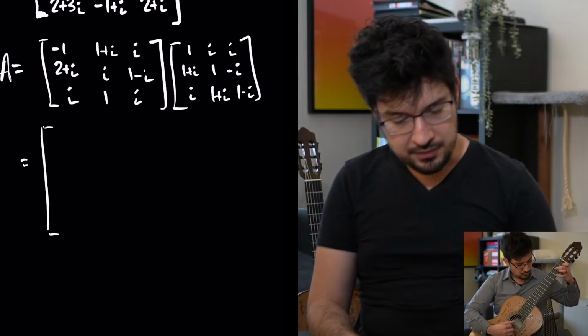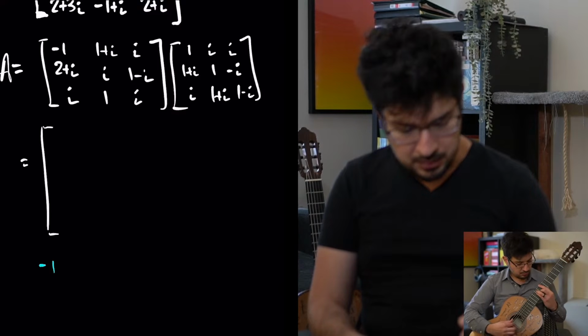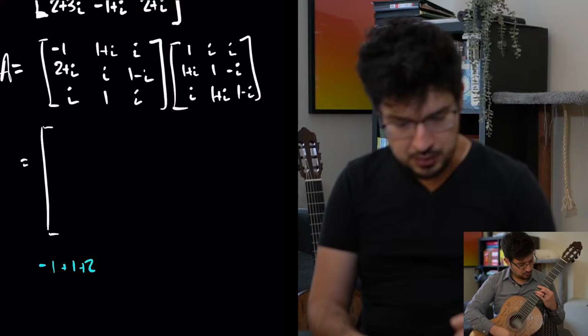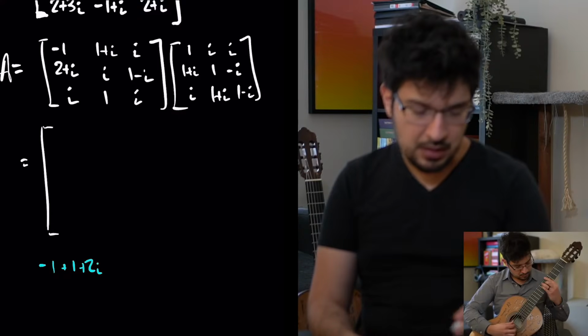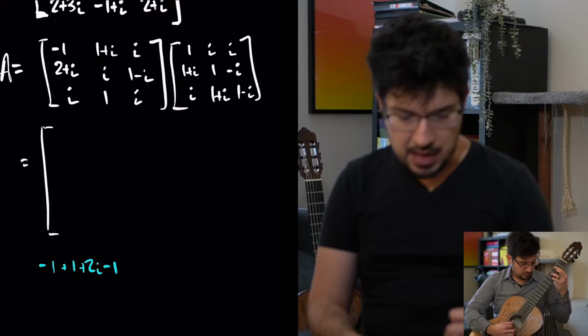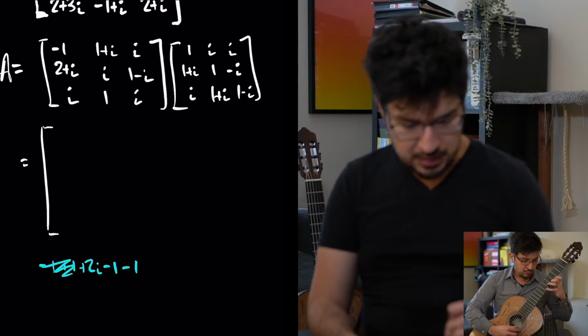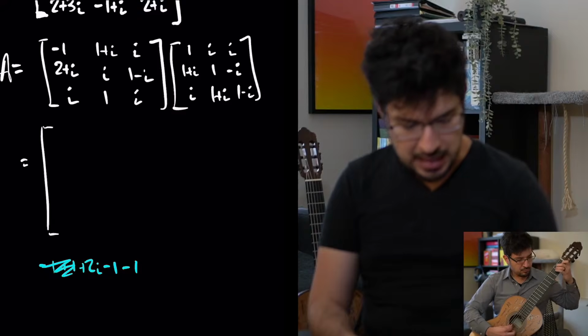We have negative 1 plus 1 plus 2i plus i squared plus i squared. So this is negative 2 plus 2i.